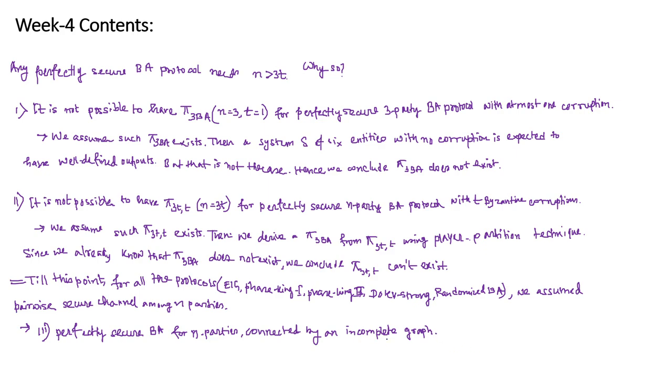But what if parties are connected by some incomplete graph? Then what is the condition for achieving perfectly secure BA?